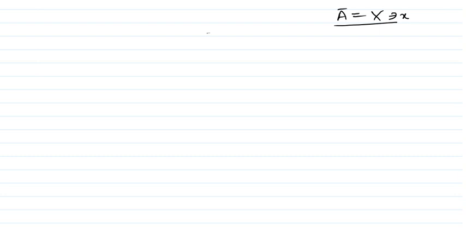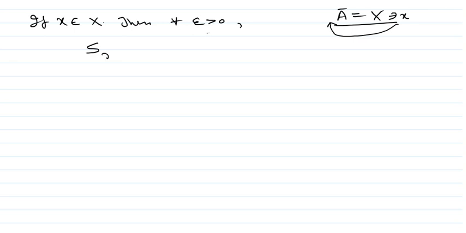So for all epsilon positive, this thing will happen: S epsilon X intersection A minus the point X, obviously minus X, this must intersect.